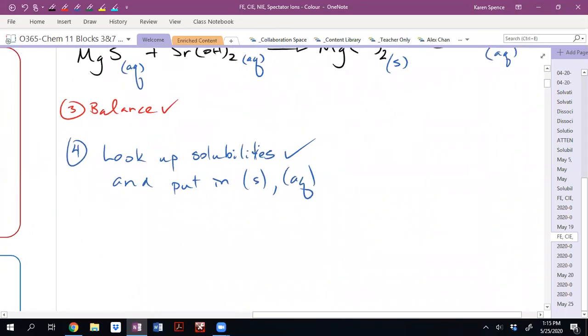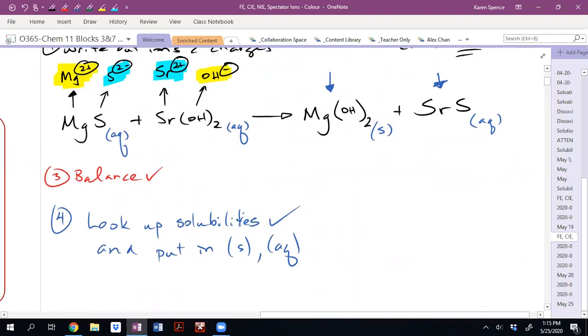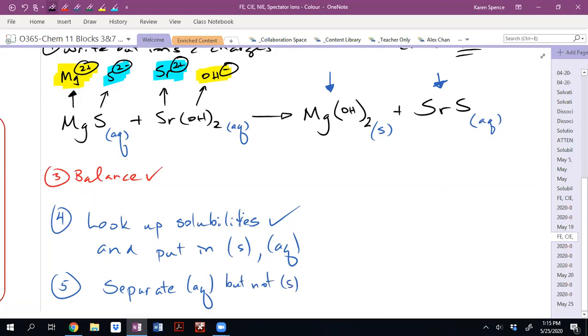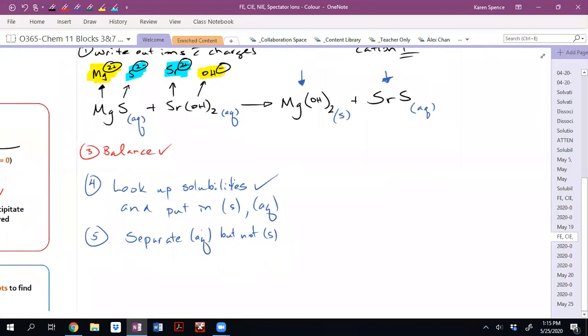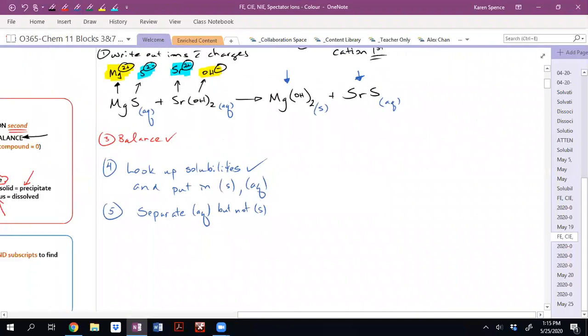So in essence, what we are doing for step 5 is to separate aqueous, but not solid. That's a shortened version. So make this a bit smaller so we can see it on our screen while we write the next step.